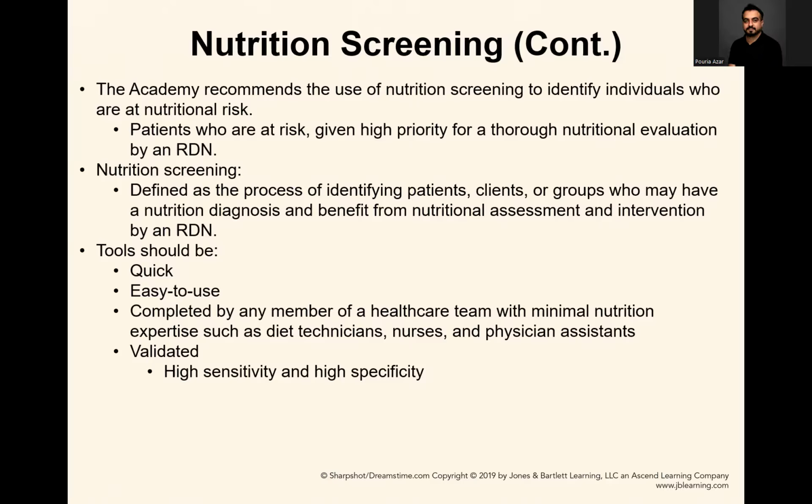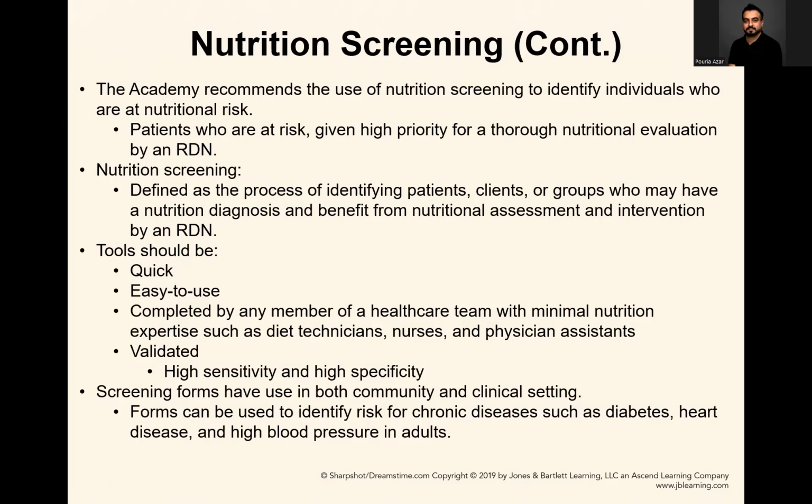That is high sensitivity. Specificity means to accurately detect healthy people or healthy clients who don't have the condition. That is high specificity. So nutritional screening tools should have both high sensitivity and high specificity.